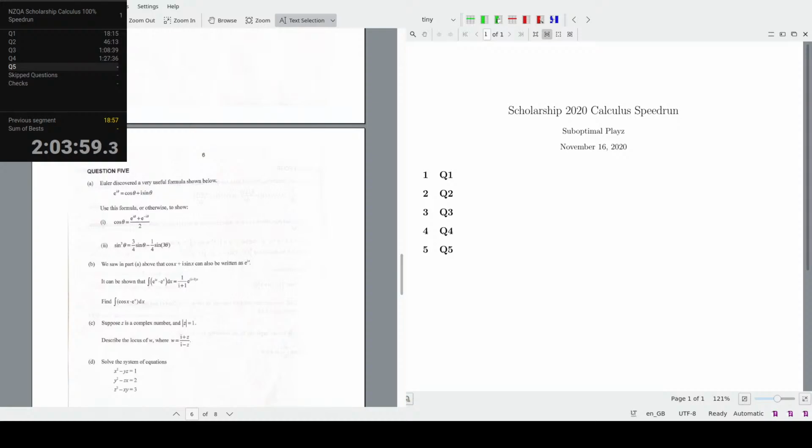Alright, I wonder if we can solve this question numerically, at least.